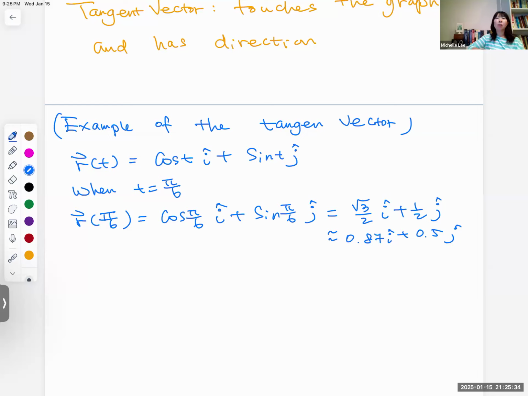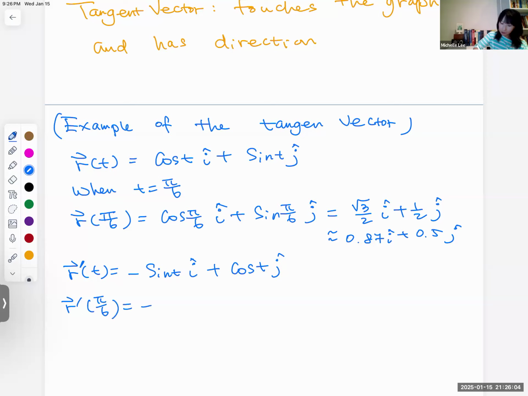Tangent vector. So we take the derivative at the point, in that case pi over 6. The derivative of cosine is negative sine t i hat, and the derivative of sine t is cosine t j hat. Then the derivative at the point is negative sine pi over 6 i hat plus cosine pi over 6 j hat.